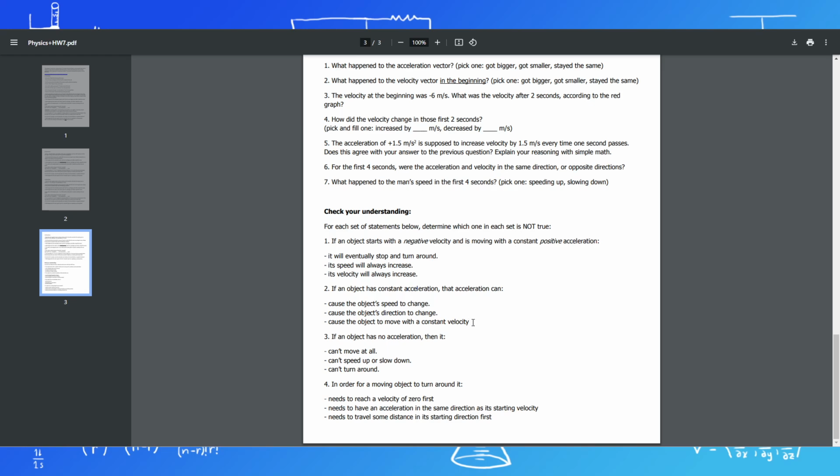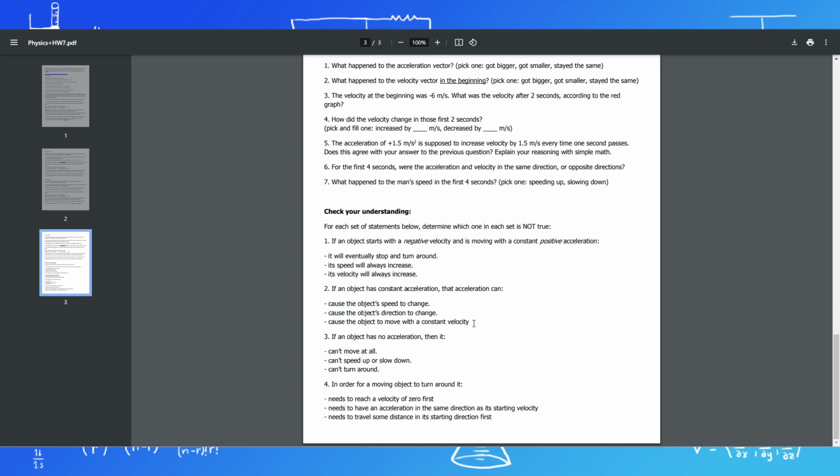That doesn't work by definition. A constant velocity means constant magnitude and constant direction, moving with the same speed in a straight line. The only way an object can move like that is if it has no acceleration at all.